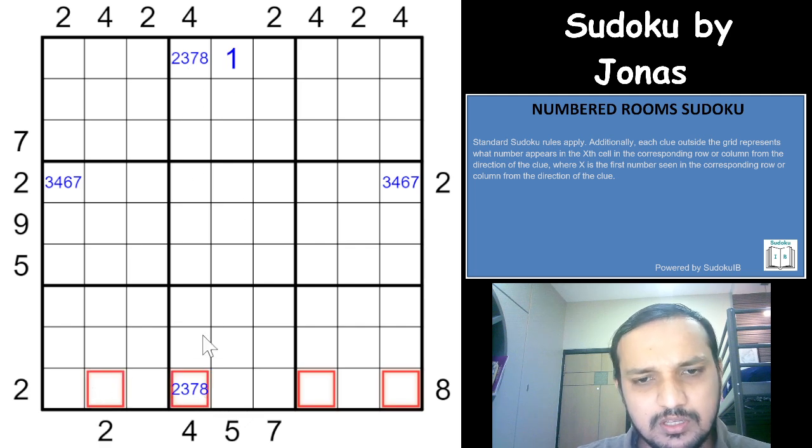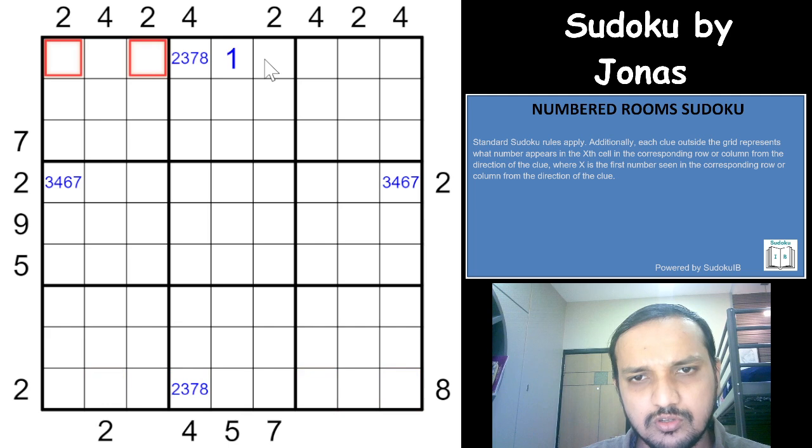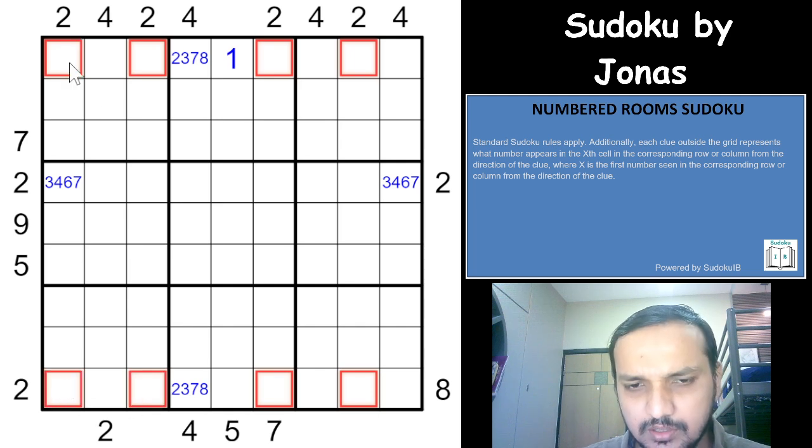So 9 cannot be here. If there is a 9, that is a 4. If this is a 9, this is a 4. If this is a 9, okay, possible. What if you have 9s on the 2s? You will have 2s in these cells. So 9 is not possible here. If 9 is here, 2 would be here, 3 would be here, possible.